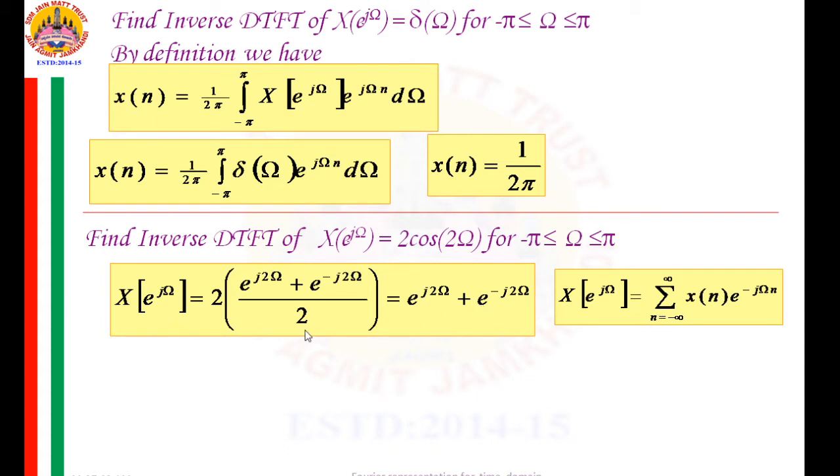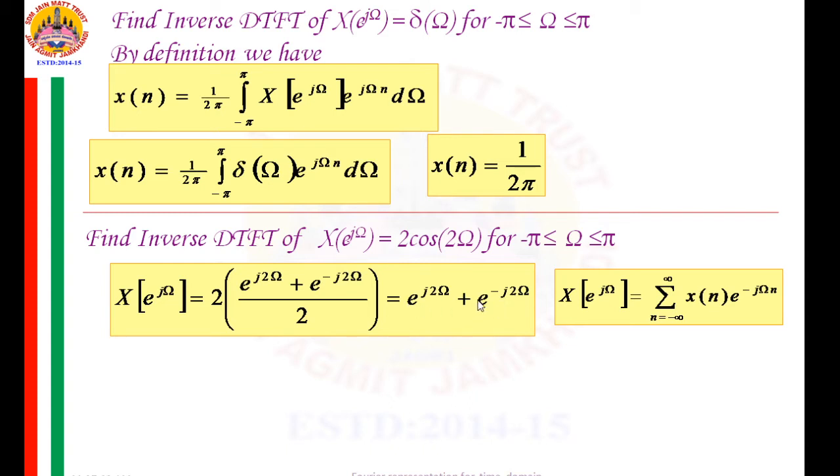Now this expansion of the infinite duration summation series, when you compare it with this, you obtain that this x of e raised to j ohm does not exist for infinite duration, whereas it exists for only 2 terms. That is, if you compare with this expression after expansion, you observe that here n is equal to 2, and for this term n is equal to minus 2.